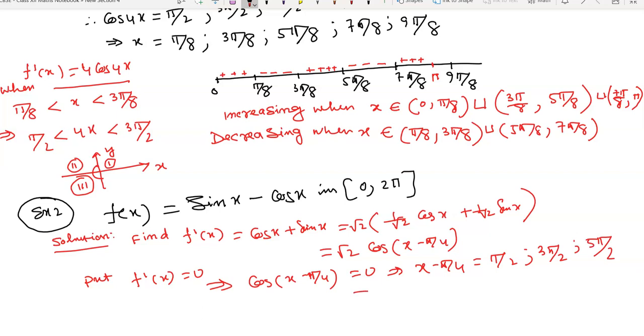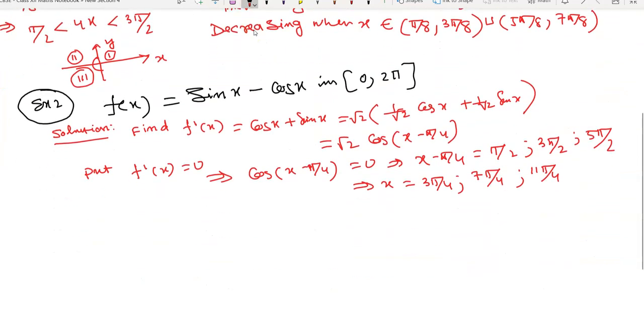So x is going to be 3 pi by 4, then 3 pi by 2 plus pi by 4, that is 7 pi by 4, and next one 5 pi by 2 plus pi by 4, but this is not the case because only 0 to 2 pi is involved here.